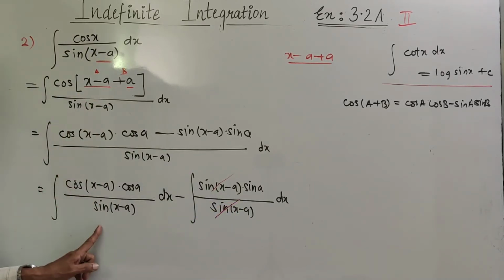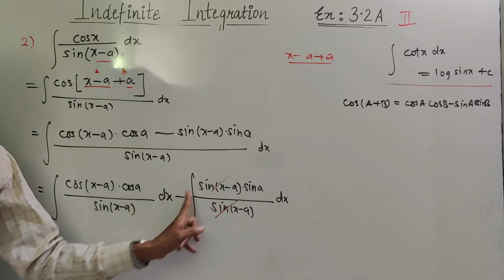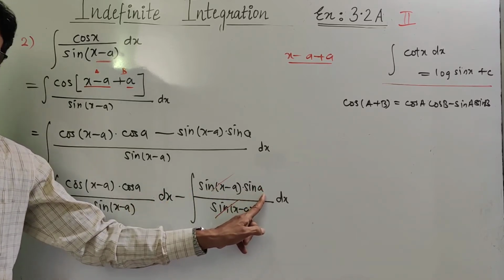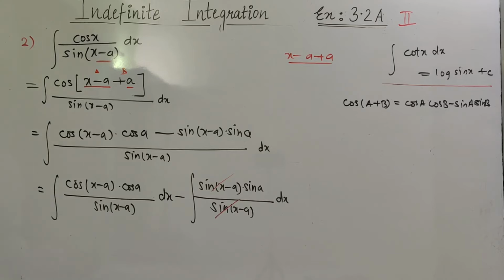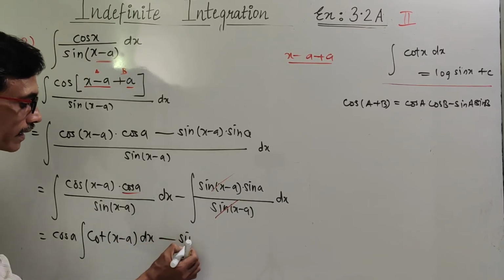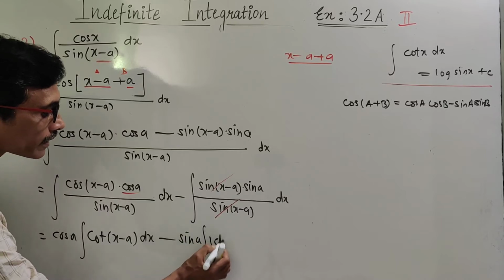Now cos upon sin will become cot, so cot of (x minus a) into cos a, and here 1 will come, 1 into sin a. So this will be equal to the integral of, see, cos of a is a constant that we write outside: cos of a integral of cos upon sin, that will be cot of (x minus a) dx, minus sin a is again a constant, integral of 1 dx.